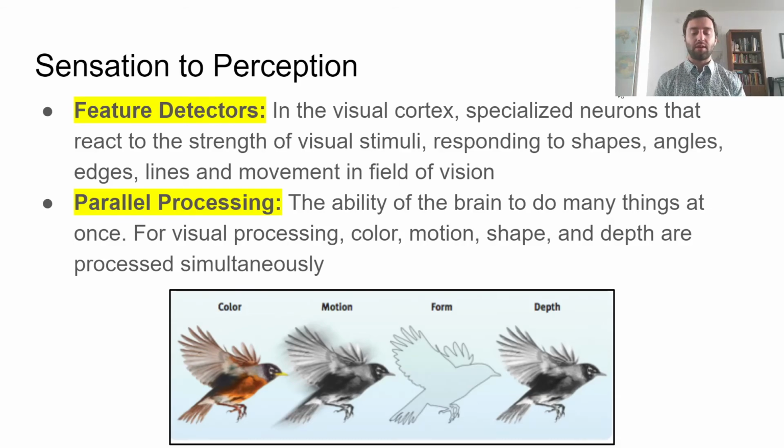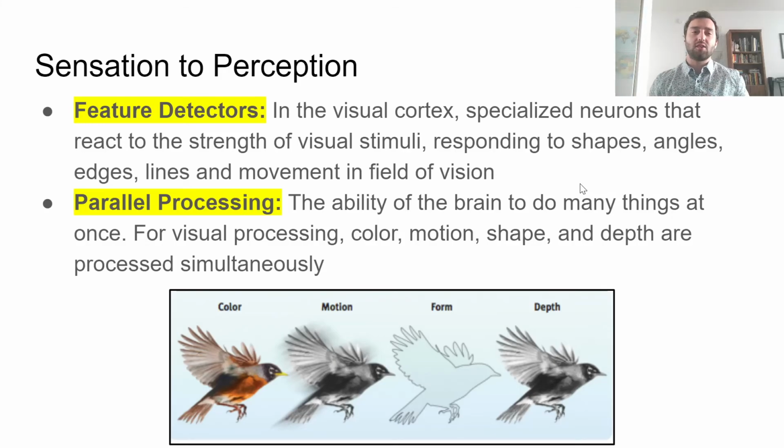So basically what's happening is in that visual cortex, there's a ton of different specialized neurons. These are called feature detectors, right? Feature detectors right here. So these are specialized neurons that are reacting to different things. So it can be reacting to the strength of a visual stimuli, responding to shapes, angles, edges, lines, and movement. So it's picking up all of these different things, and each one is working on its own part.